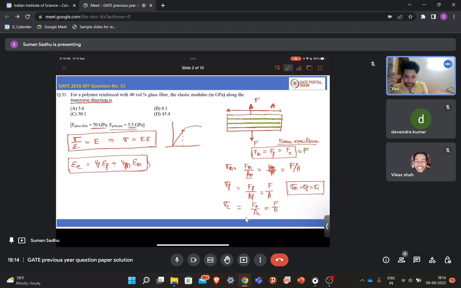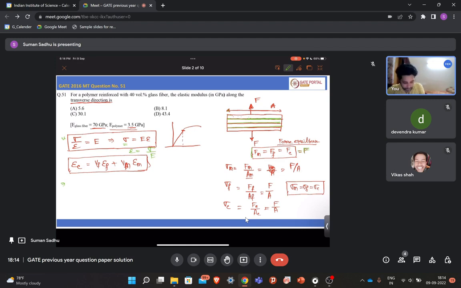So you can write total strain as volume fraction of the fiber into the strain in the fiber plus volume fraction of the matrix into the strain in the matrix. Now if we apply the stress and strain relationship, what will be the epsilon? Epsilon will be sigma by E, right? Elastic modulus.